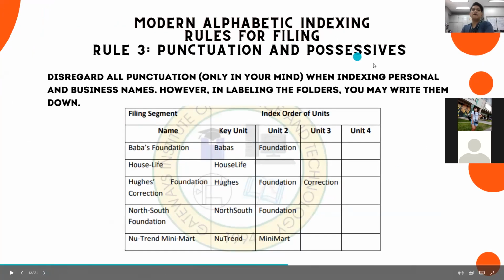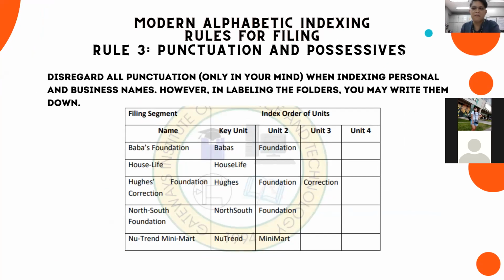Okay, rule number 3, punctuation and possessives. Sorry, possessive lang pala, walang next. Disregard all punctuation only in your mind when indexing personal and business names. However, in labeling the folders, you may write them down. So ano ba yung tinatawag natin na mga punctuations?